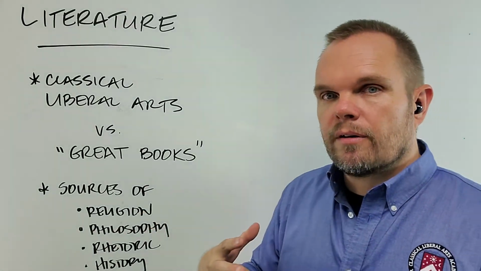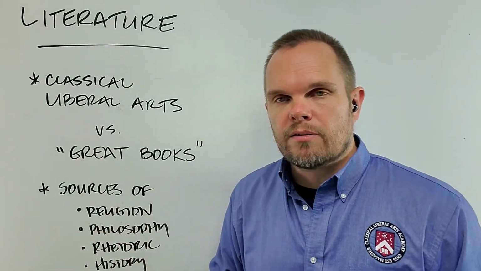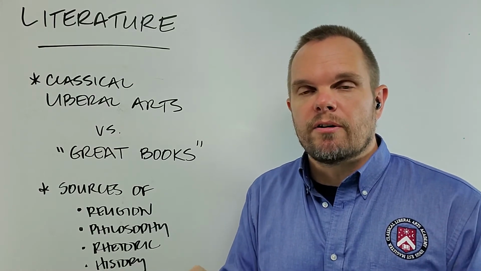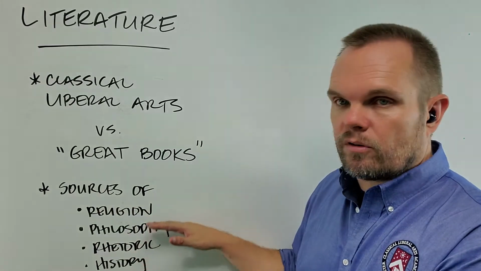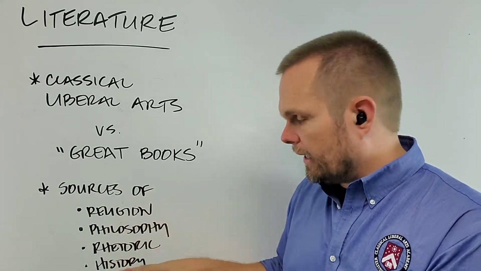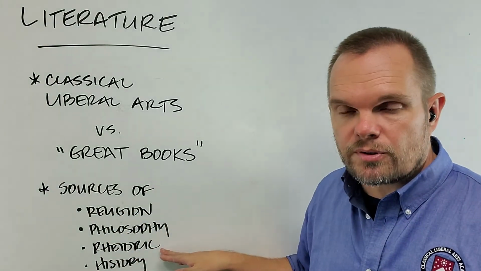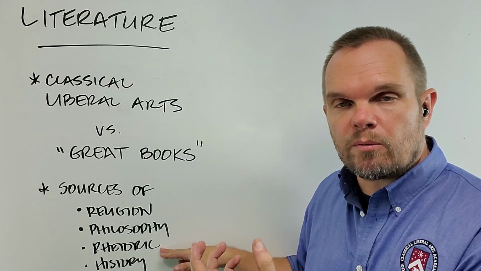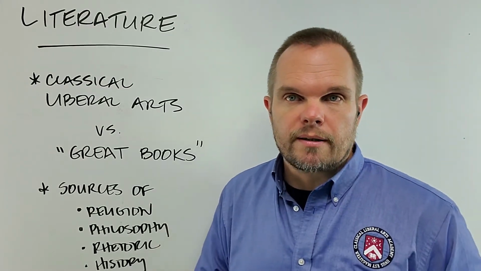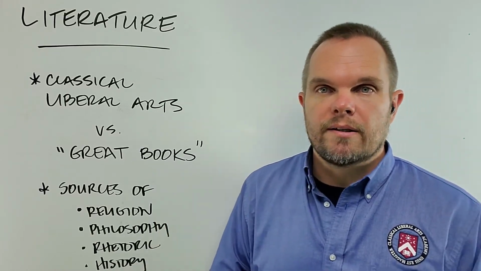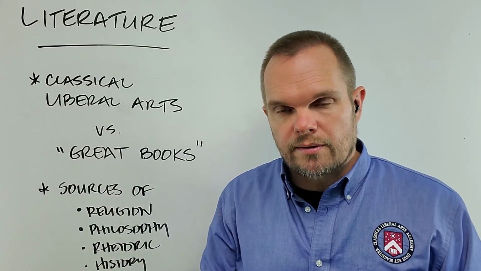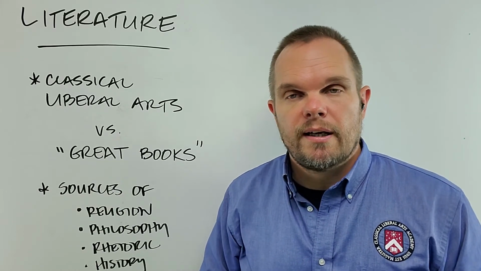We gather this kind of information from these works using literature as a primary source for historical and philosophical and religious studies, and for examples of the principles that we're learning as we study rhetoric in the classical liberal arts.